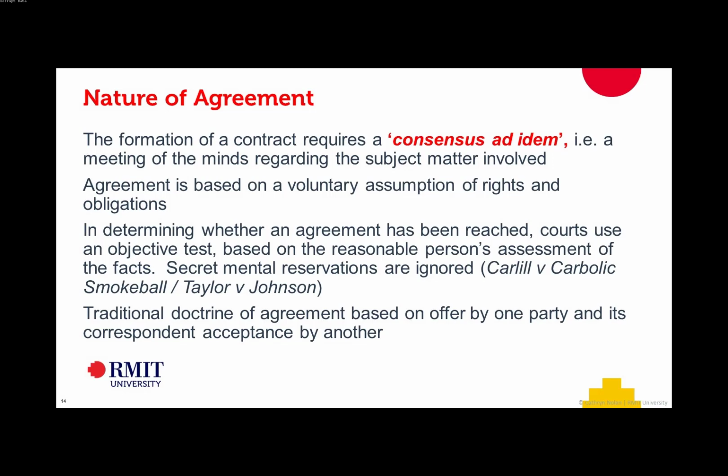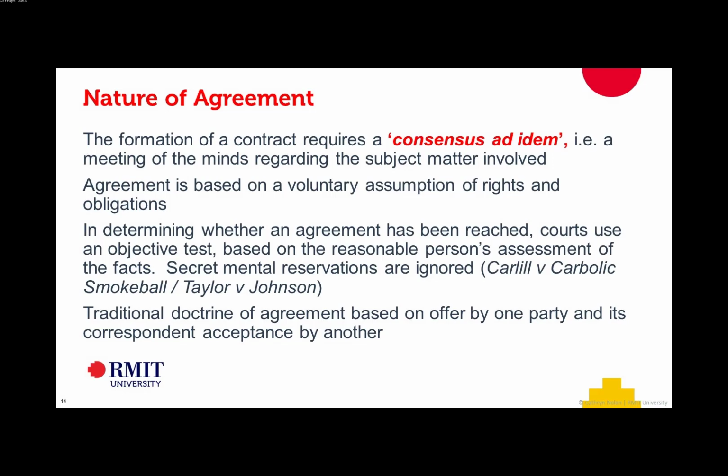So in working out whether there's a consensus, so a meeting of the minds, we need to think back to this classical contract theory and that assumption that there is a meeting of the minds because people volunteered to take on these obligations. Now we know that actually in real life, most contracts aren't actually negotiable, and it's very difficult to negotiate any kind of agreement.